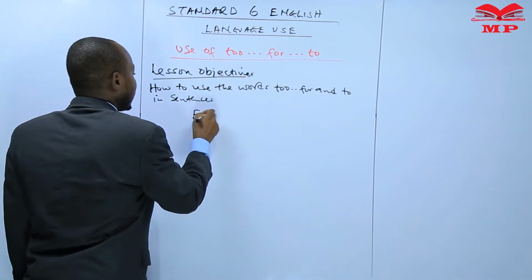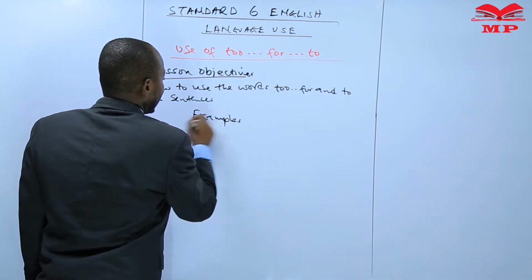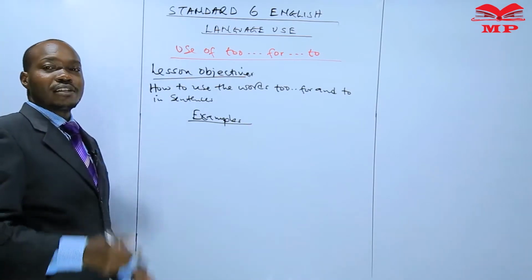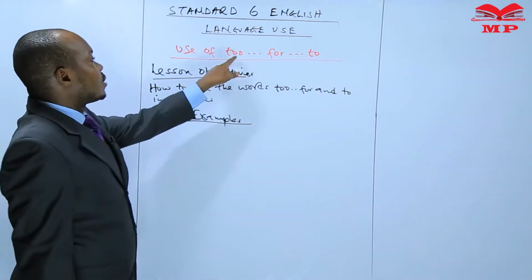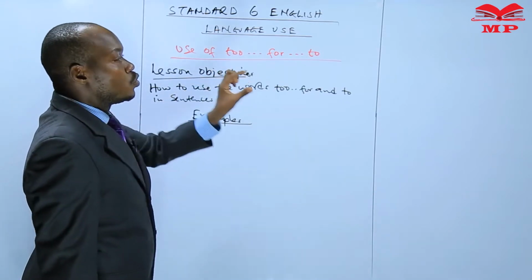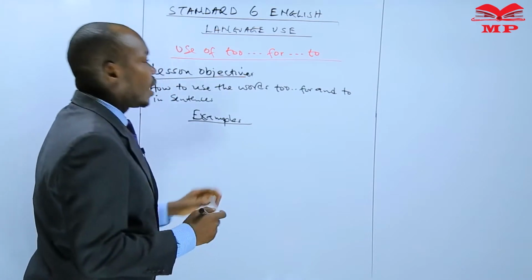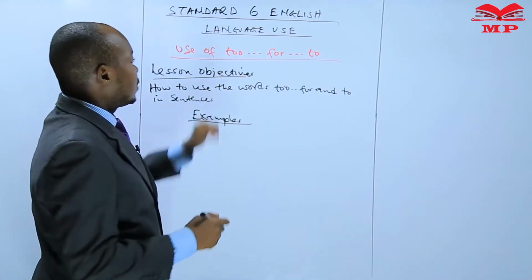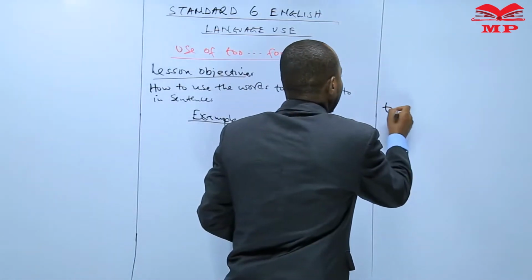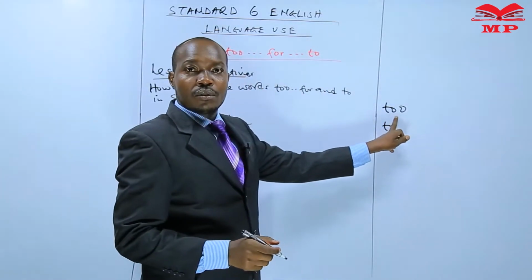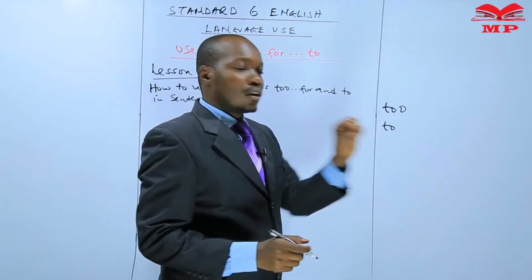I begin by giving examples. Now, even before giving an example, this word is said as to, a long sound, okay? To and to. You can see this word has double O, to and to.